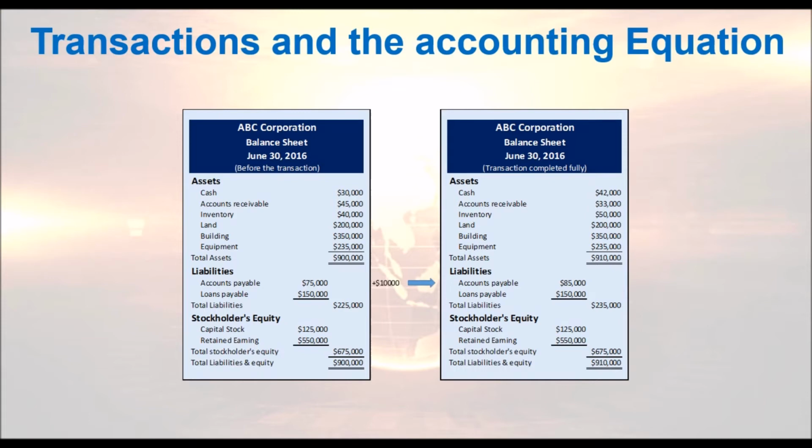So it's actually an account payable. So from 75,000, the account payable is going to increase by 10,000 to 85,000. And now the total assets is 910,000, and the total liabilities plus equity is 910,000. So the transaction has completed fully, and the equation assets is equal to liabilities plus owner's equity is true.